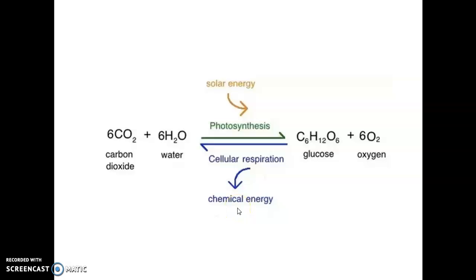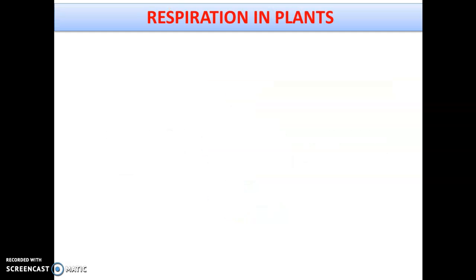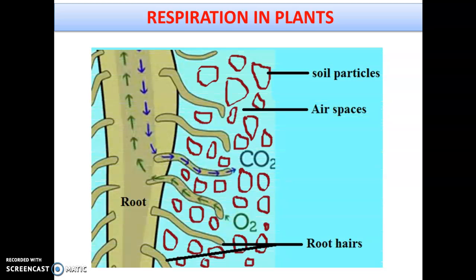Okay. Then respiration in plants. Each part of the plant, we know, performs respiration independently. If you see in the root also, the plant will perform respiration. If you see the picture, this is the root, and these are the root hairs.